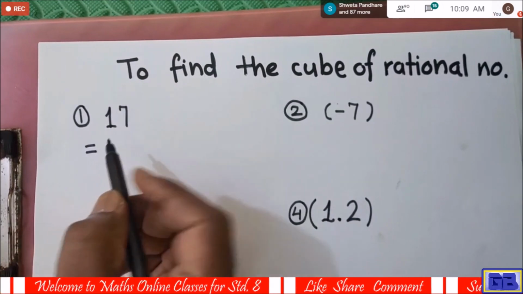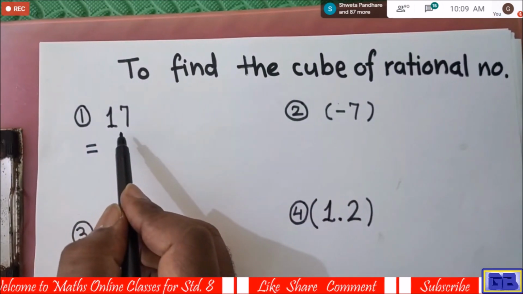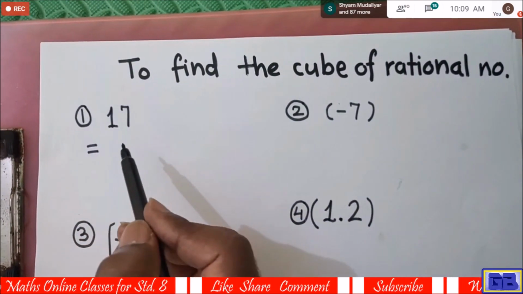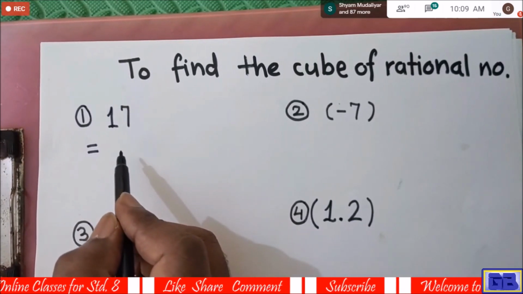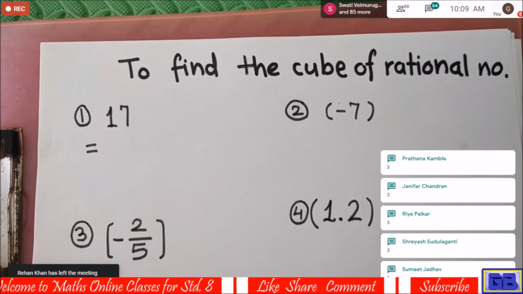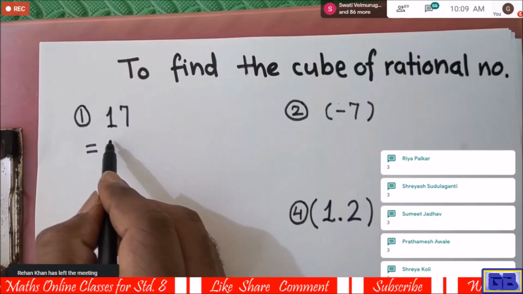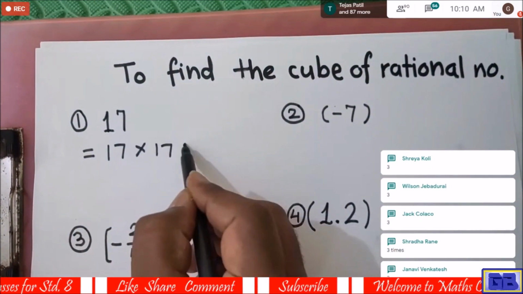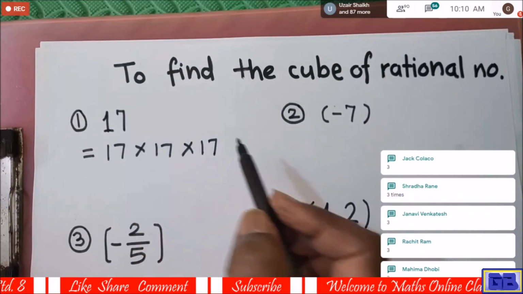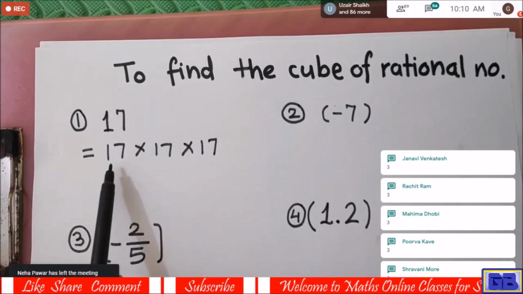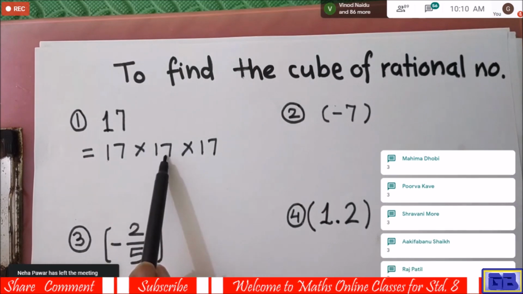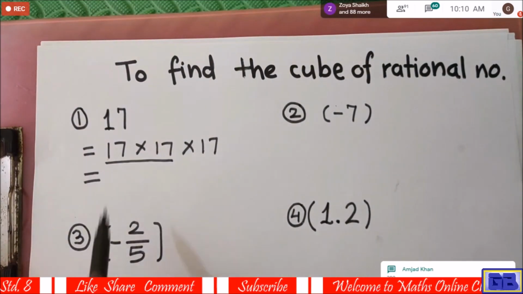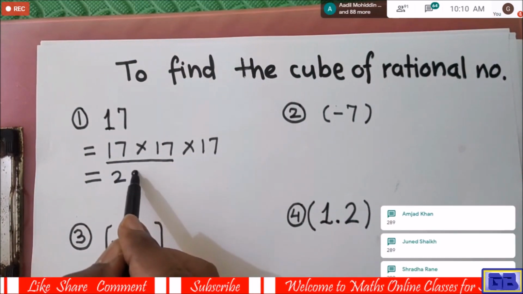As the definition of cube says, 17 we have to take how many times? Type it in the chat box. Yes, very good, 3 times. 17 into 17 into 17. For our convenience, we will multiply these first two numbers: 289.